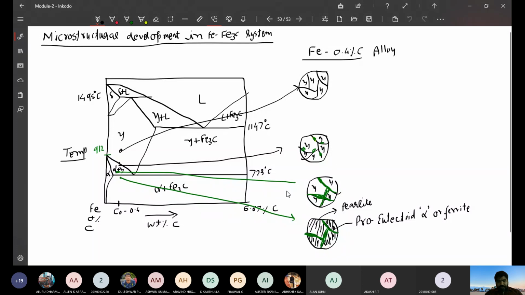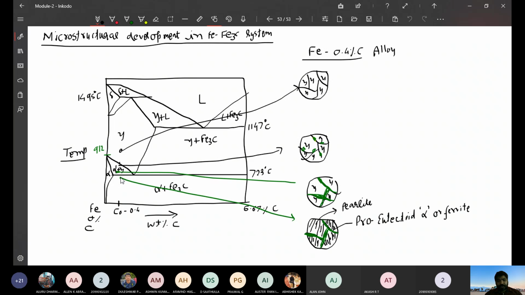Okay, so as you move down, this alpha will grow and it will be like this. Now the question is, when you cool below this point, below this eutectoid temperature line, what will happen?